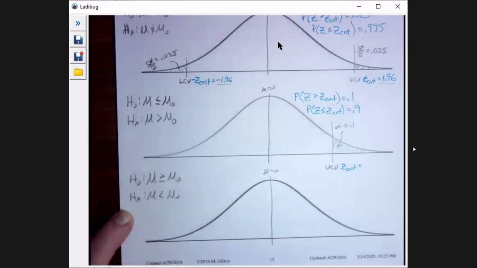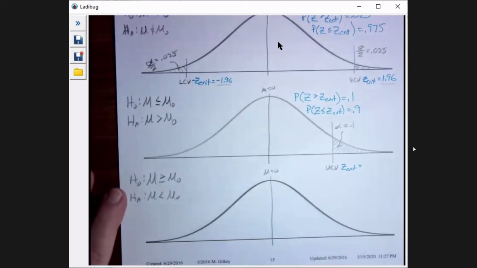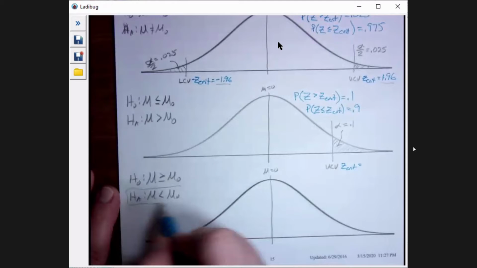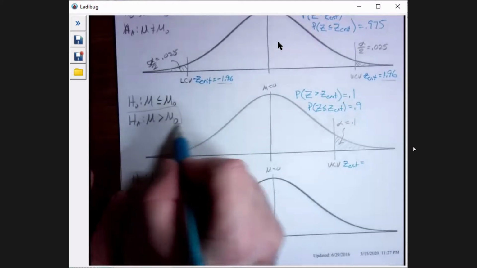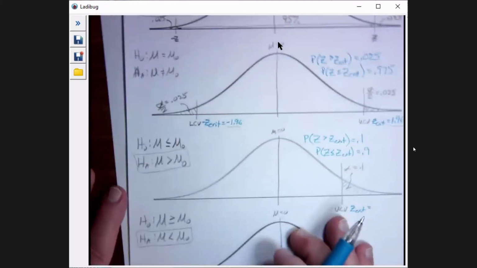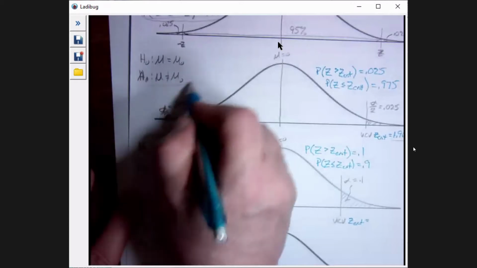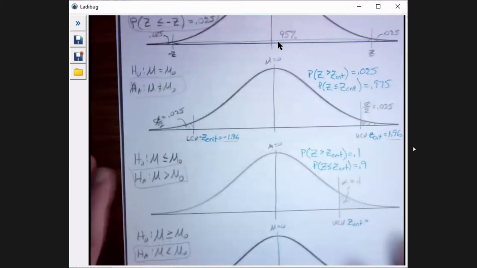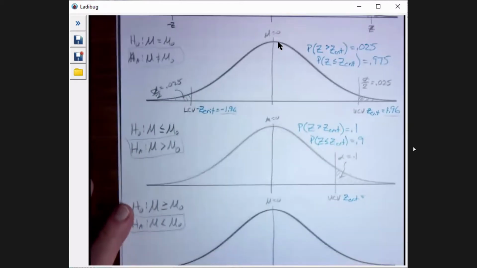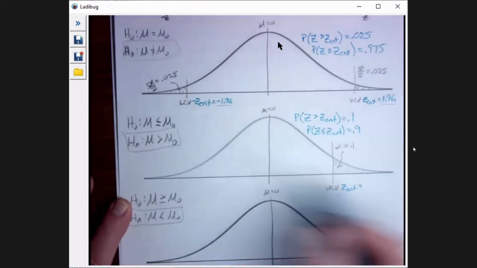Notice, and I said this before, but it's good to repeat it, that the type of test is determined by the alternative. Here the alternative is greater than.